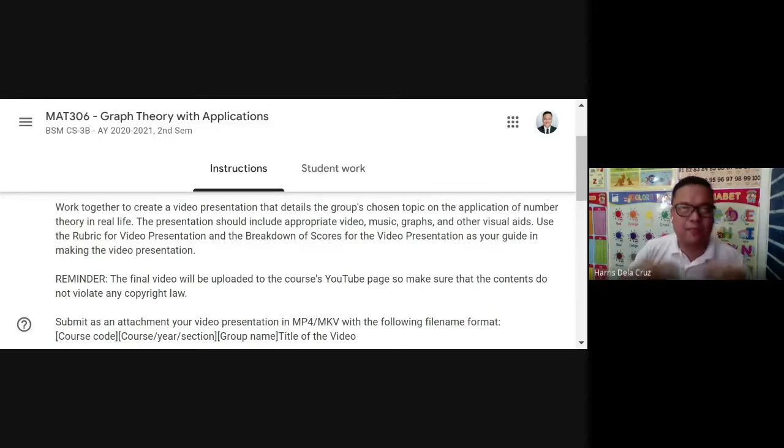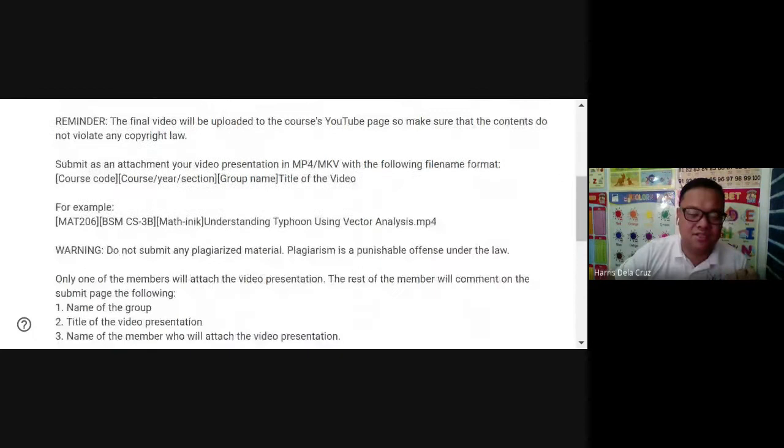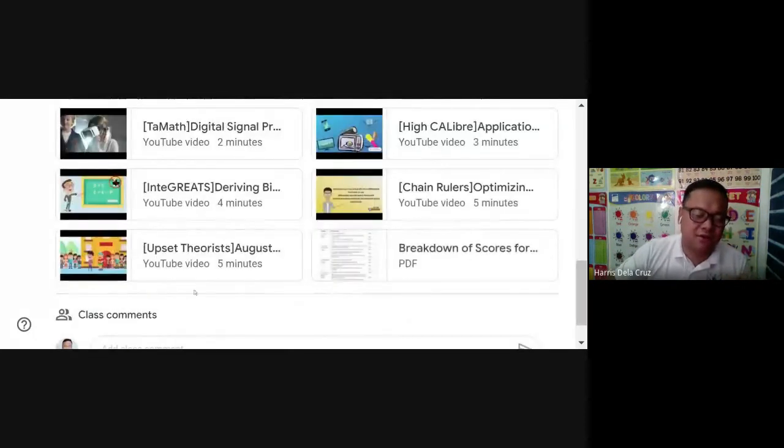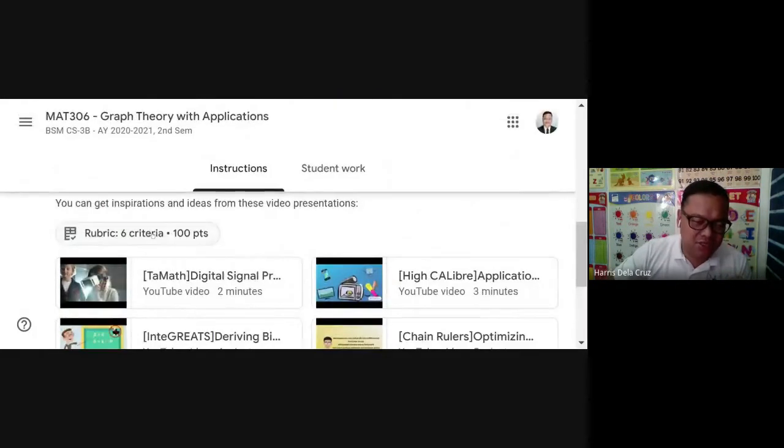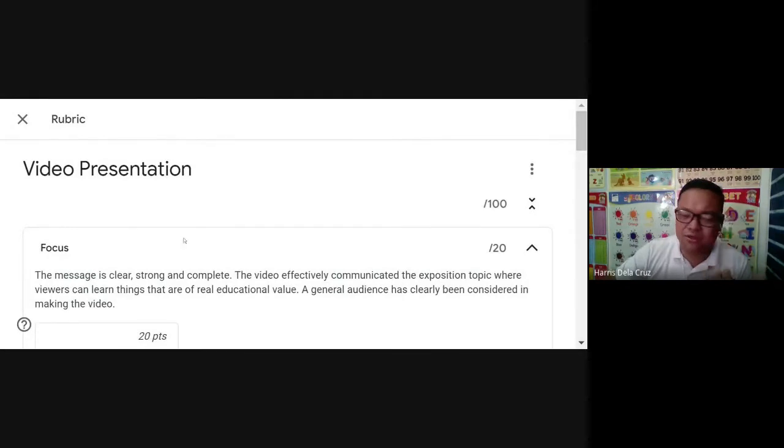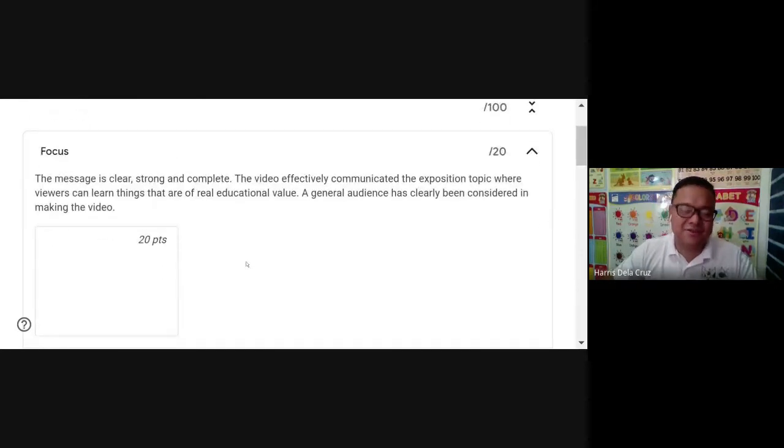So pag-create nyo or pag nag-create kayo ng storyline, always give in consideration dun sa rubric natin. So, ito yung rubric. Always make sure na binabasa ninyo or iniintindi ninyo yung rubric because this is how you're going to be graded. So, the components of the grade for your video presentation are as follow.